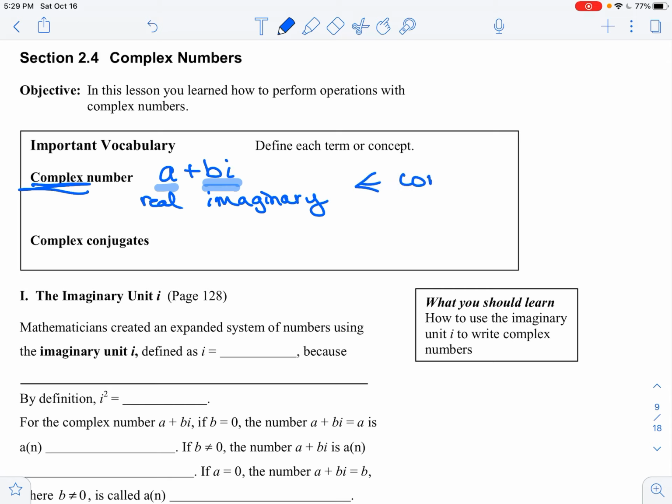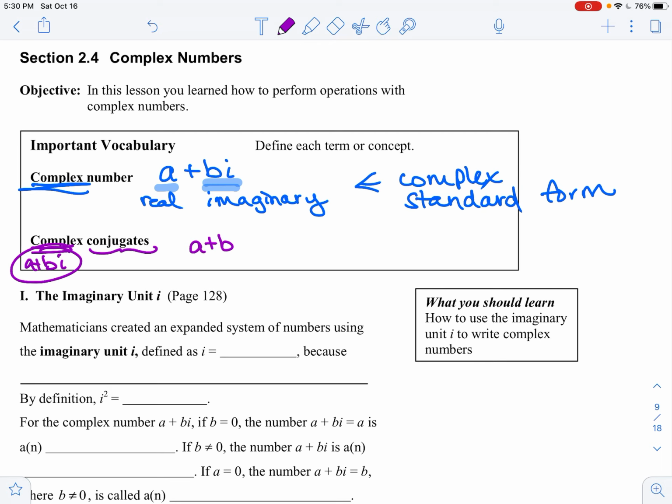This is in complex standard form. So remember, anytime you have a complex number where you have a real part and an imaginary part, the imaginary number goes last. And then lastly, when we're talking about complex numbers, remember a complex number is a plus bi, and a conjugate is when they have the same terms but opposite sign in the middle.